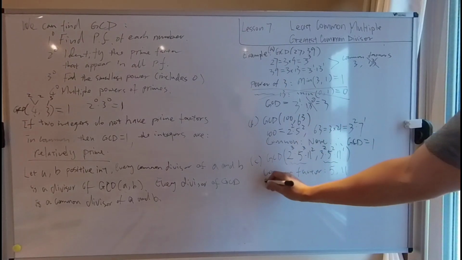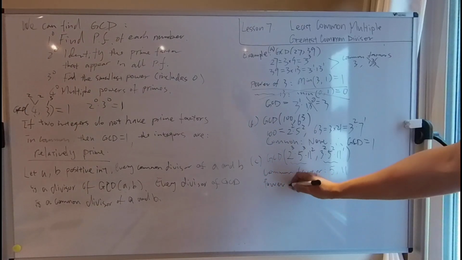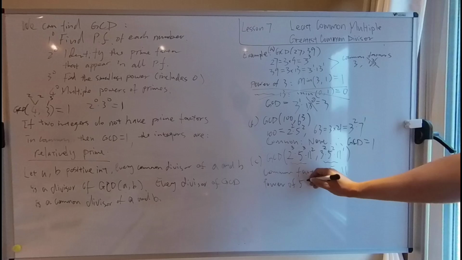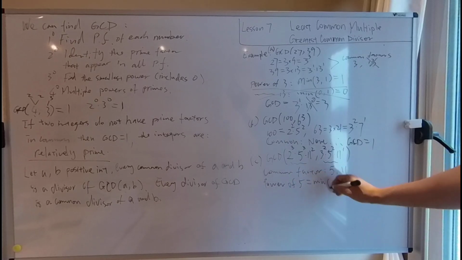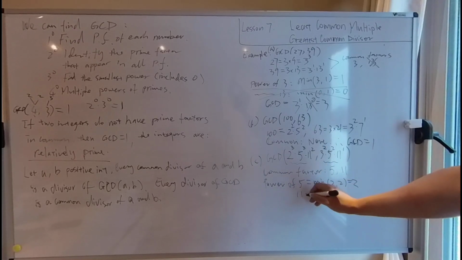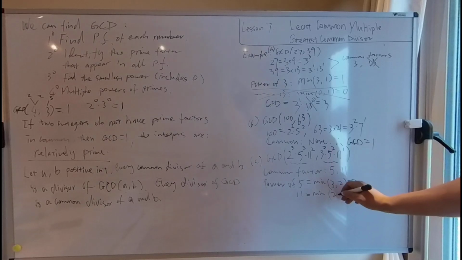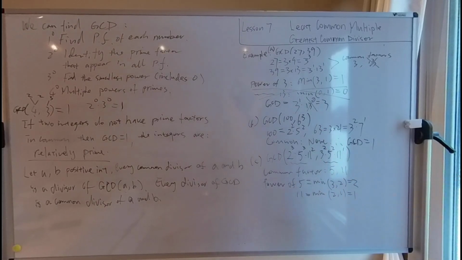All right, so then the next step is to determine the power. The power of 5 is the minimum between 3 and 2, which is 2. The power of 11 is the minimum between these two numbers, 2 and 1, which is 1.